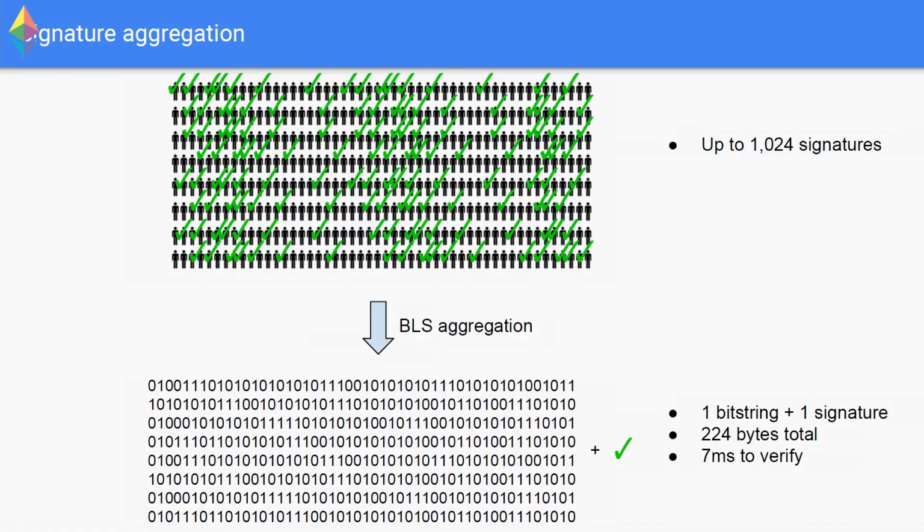In our case, we only have two possible messages which every validator can sign on, and the two correspond to when your custody bit is 1, and the other one corresponds to when your custody bit is 0. Anyway, it's a technicality. You can take all these signatures and aggregate them in such a way that the verification cost is the same as verifying one single signature. And yeah, that's it. Thanks.